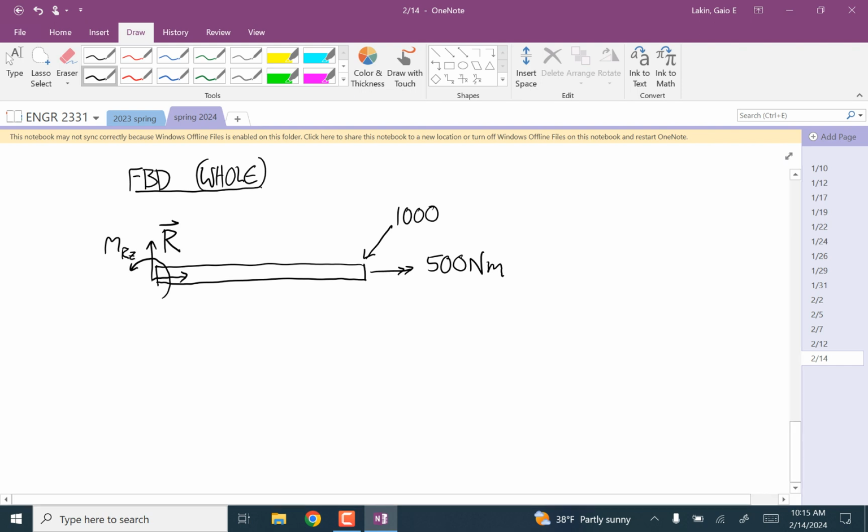And then we also need a couple to counteract this 500 Newton meter couple. That's what's new. You haven't seen that before. I'm just going to represent that like this with the double arrows to say this is a couple about the x-axis, a couple in this direction. And that's going to be MRX.